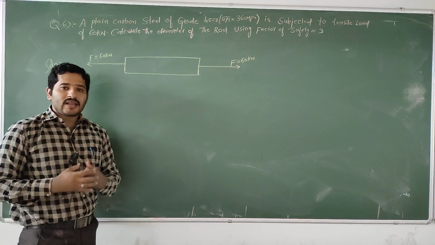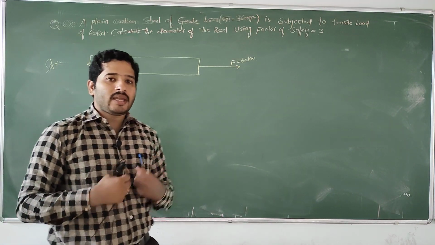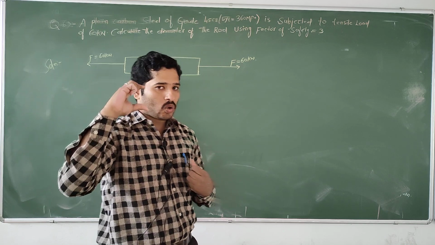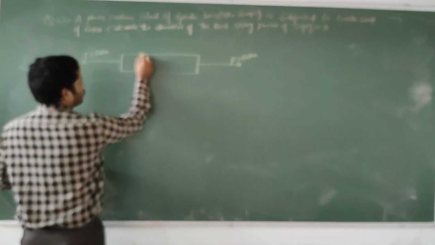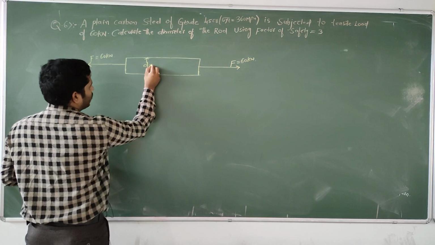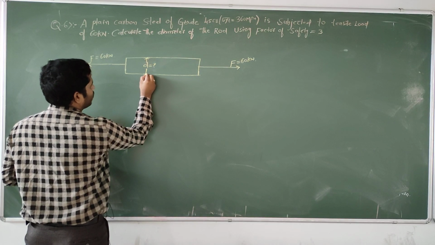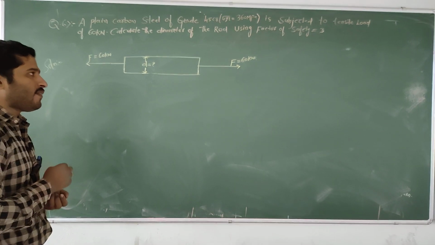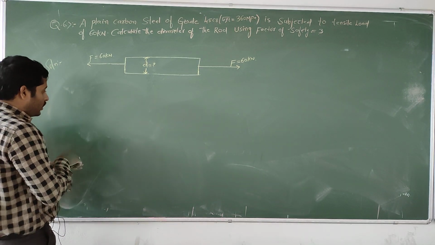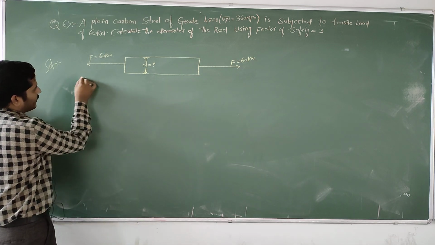So in this case, we need to find out the diameter of the rod using a factor of safety, which is given as 3.